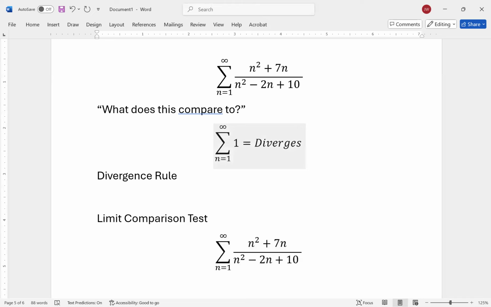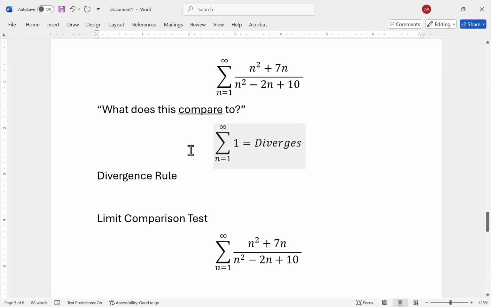The divergence rule said if the limit of the individual terms doesn't go to 0, these terms in fact have limit equal to 1, then summing them up is going to lead to an infinite sum, and therefore the summation is going to diverge. That's also pretty obvious: if you just take 1 plus 1 plus 1 infinitely many times, it's going to go off to infinity. So that's the divergence rule.